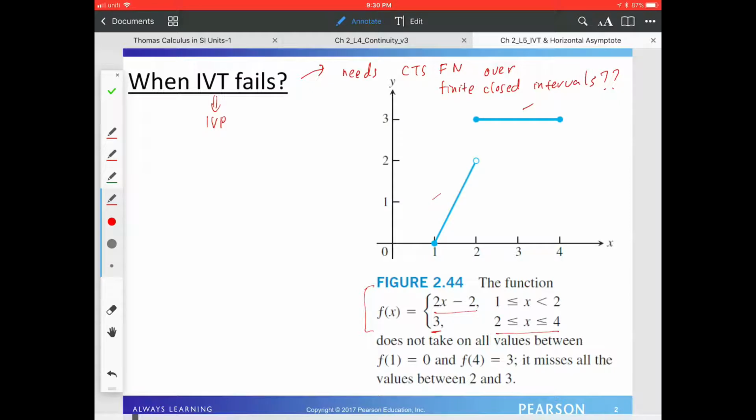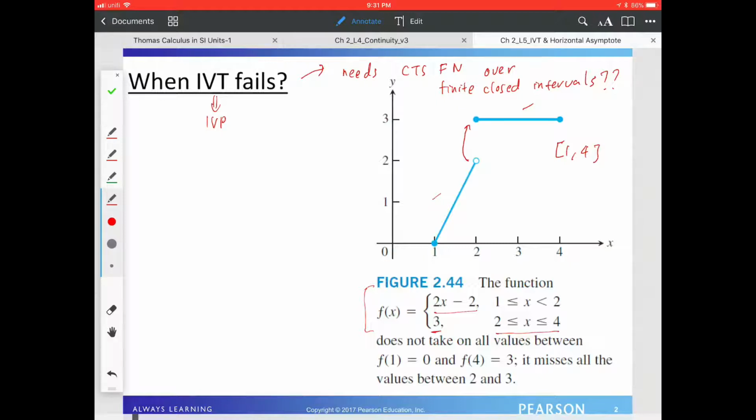And to answer the question why: do you think this graph is a continuous function, or not? The answer is that it is not a continuous function, because there is a sudden jump from the point 2 here to 3, which indicates that it is not continuous over a finite closed interval, maybe in this case [1, 4]. In this case the IVT, intermediate value theorem or property, fails here.